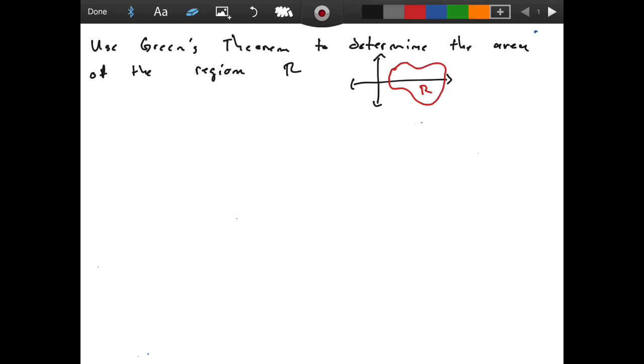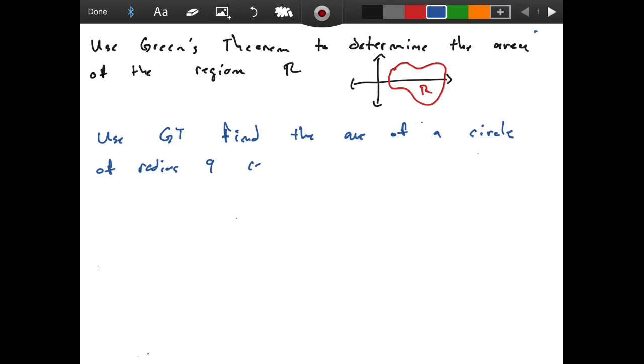It says use Green's theorem to find the area of a circle of radius 9 centered at the origin.